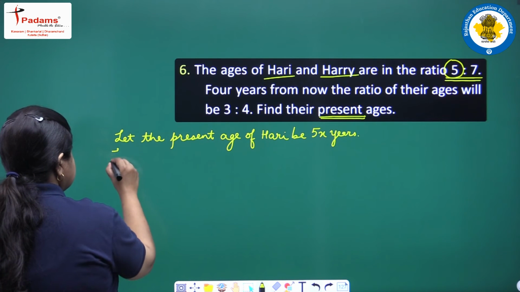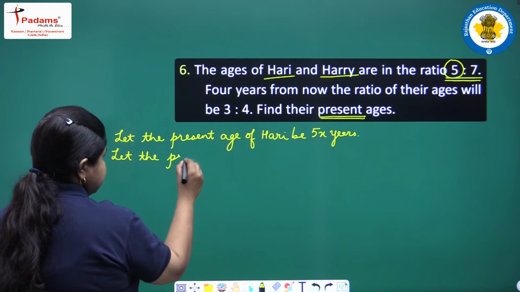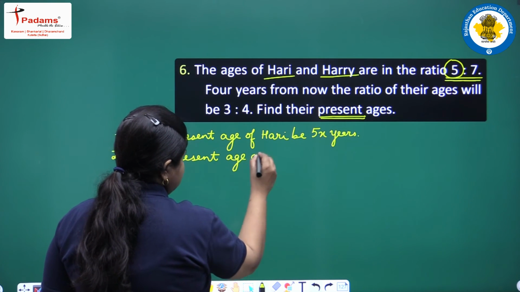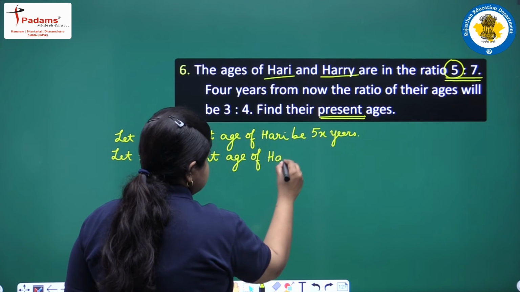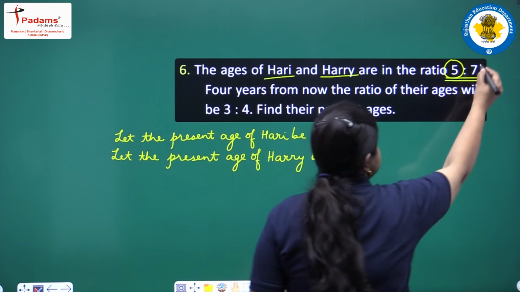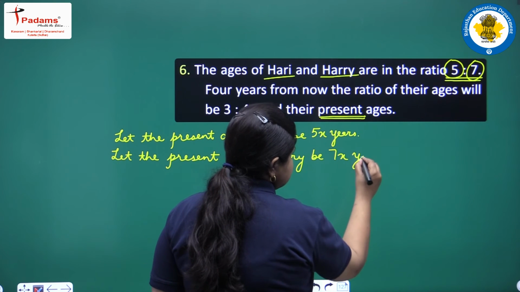Then let the present age of Harry be how much? Yes, from here we will get it to be 7x years.